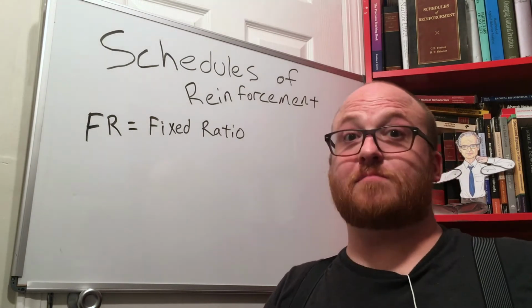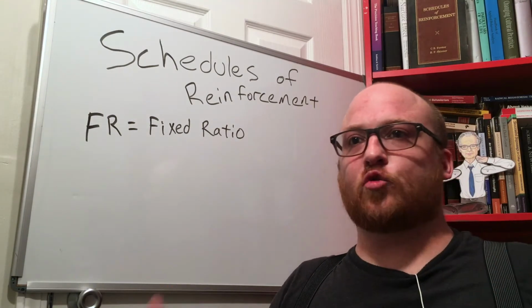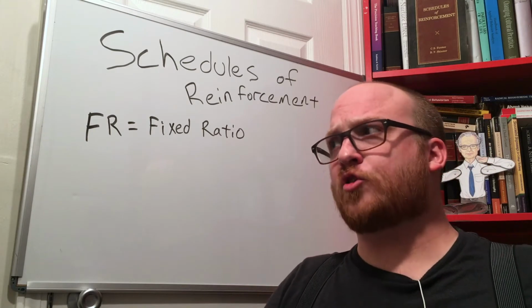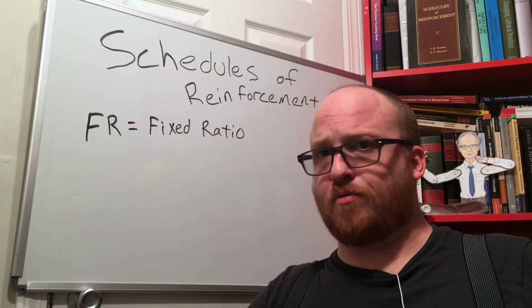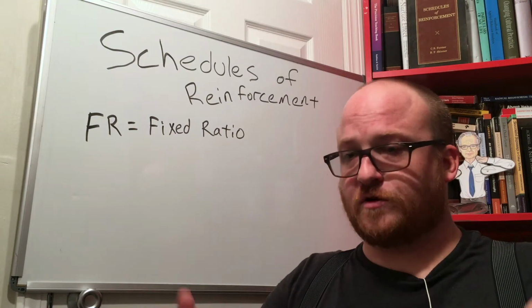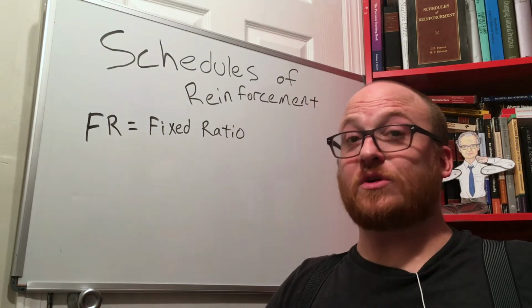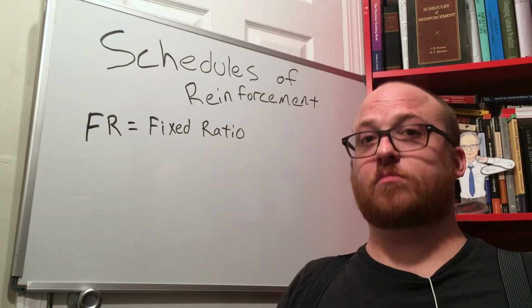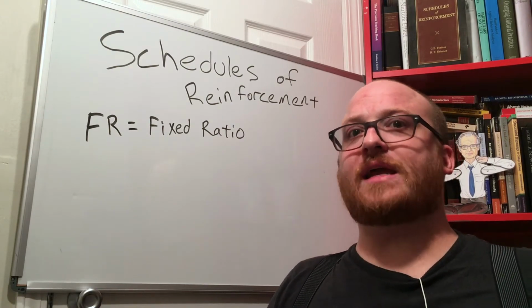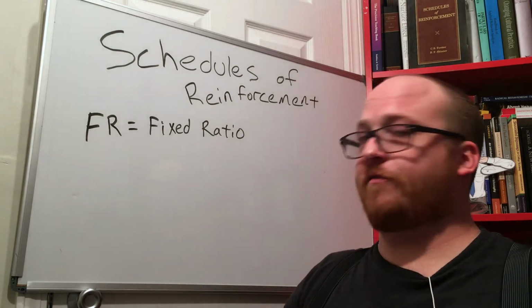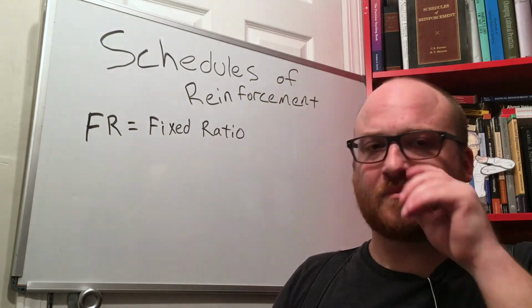If we're working on math problems, it's going to be correctly answering the math problem. So if an FR5 correctly answers math problems, you'd have to wait until after the 5th correct math problem, which may be the 100th math problem completed, but only after the 5th correct math problem will reinforcement be delivered.